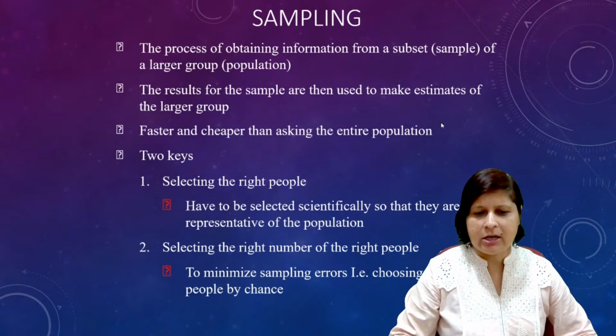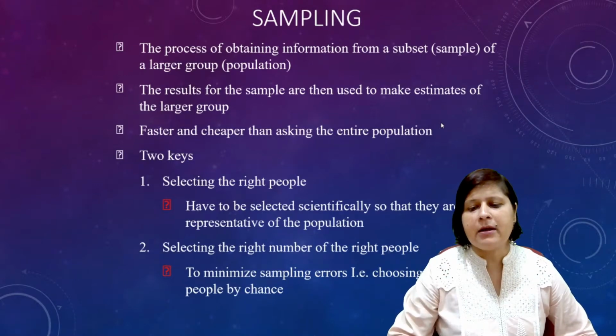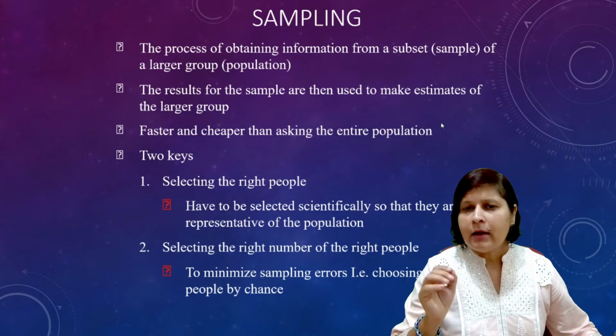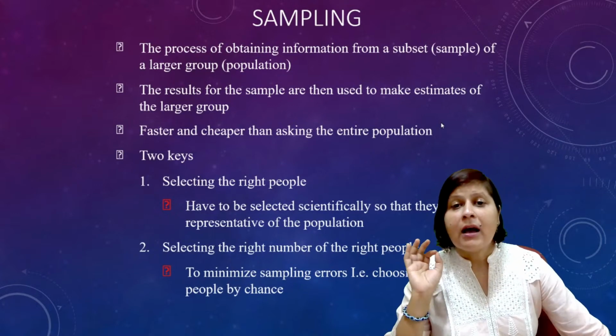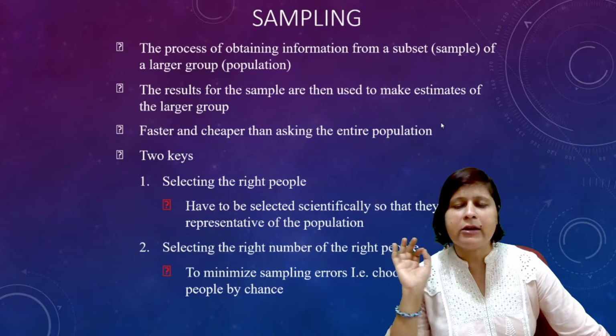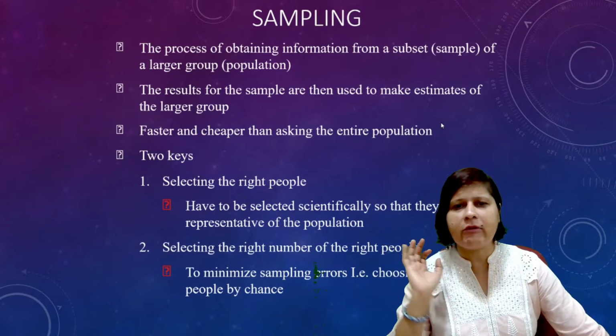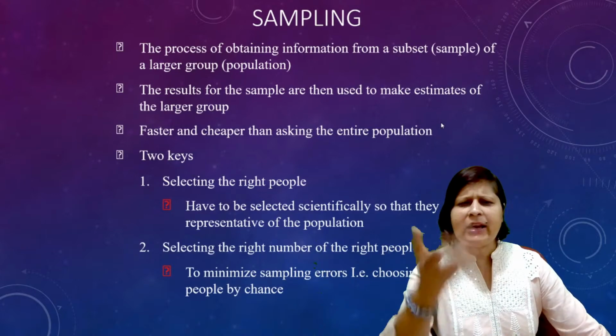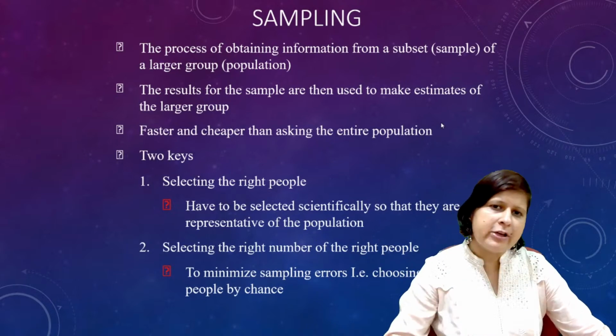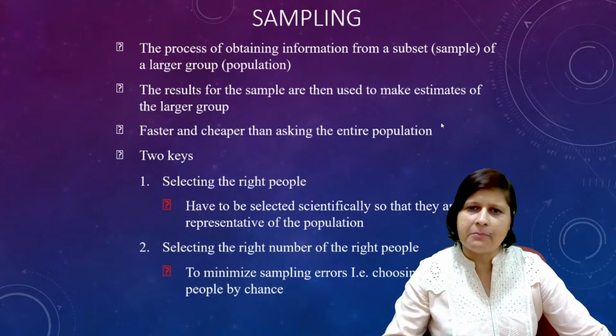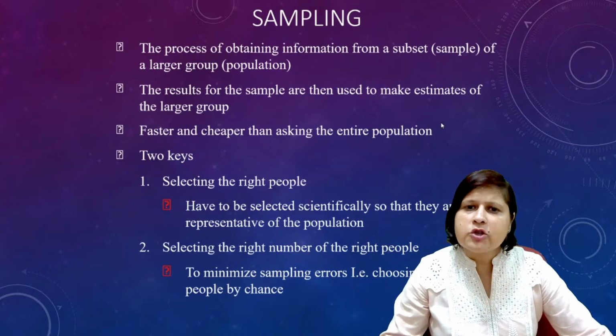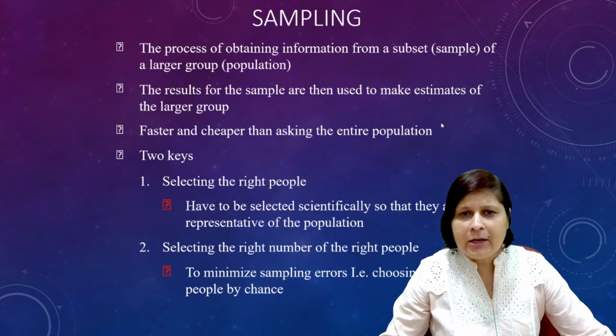It is very important. Selecting the right number of the right people. The most important thing is how many samples are required so that we can generalize our result. We'll take 100 samples, 50 samples, 60 samples for our study. How do we reach this? How many is the right number?